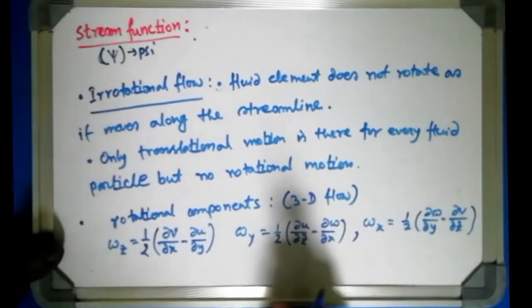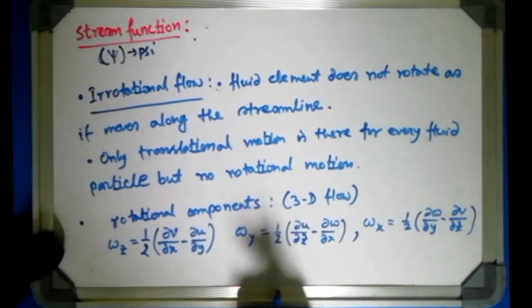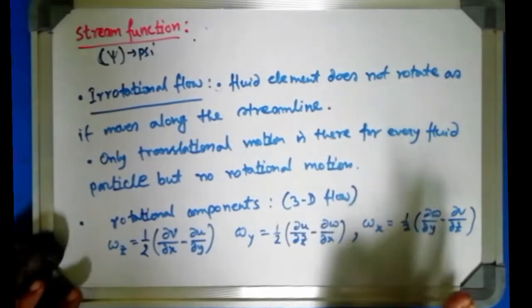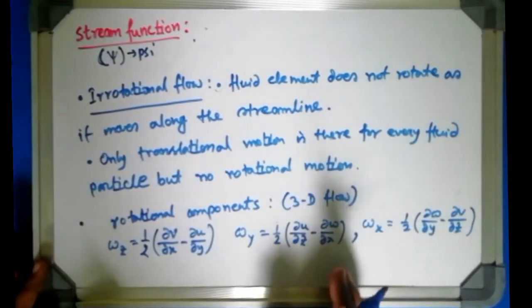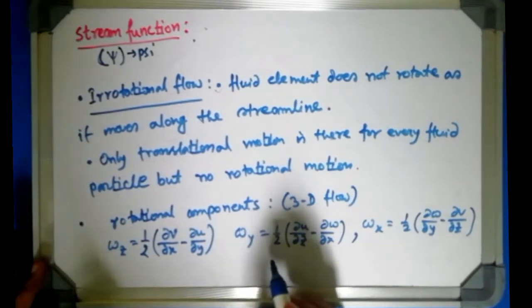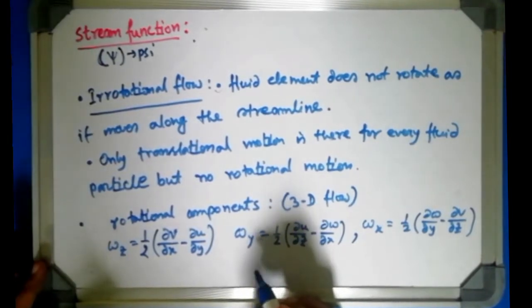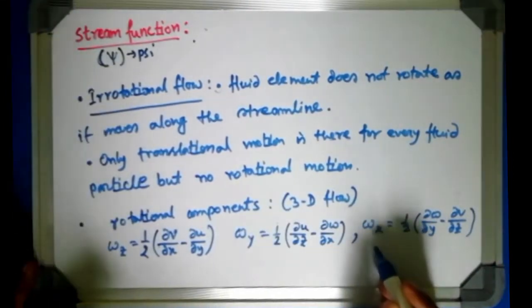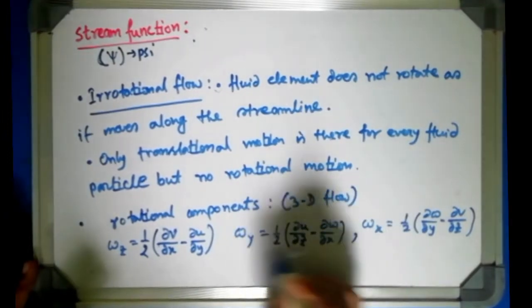These three rotational components can be expressed for a 3-dimensional flow. Now we are concentrating on the 2-dimensional flow only. In 2D flow, the flow is occurring in the xy Cartesian plane, so omega y and omega x will not be there.